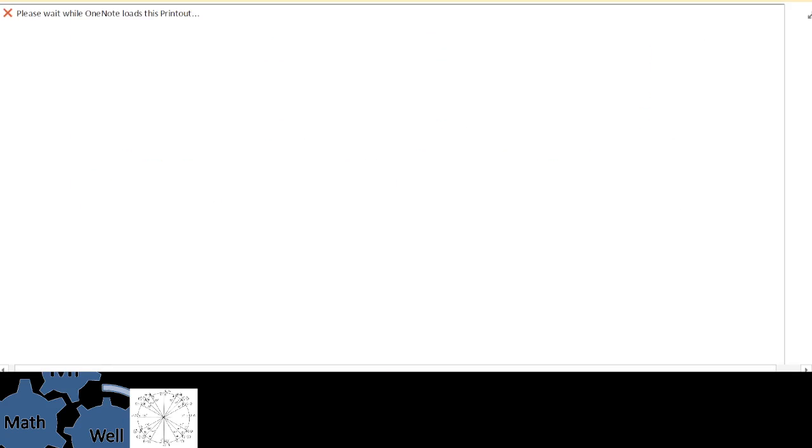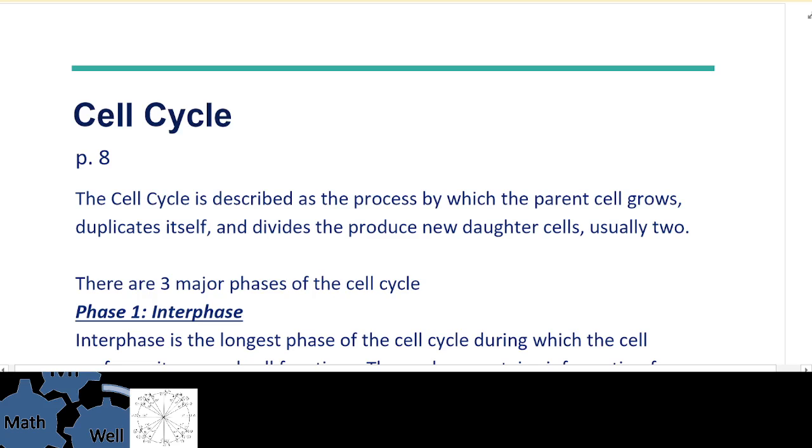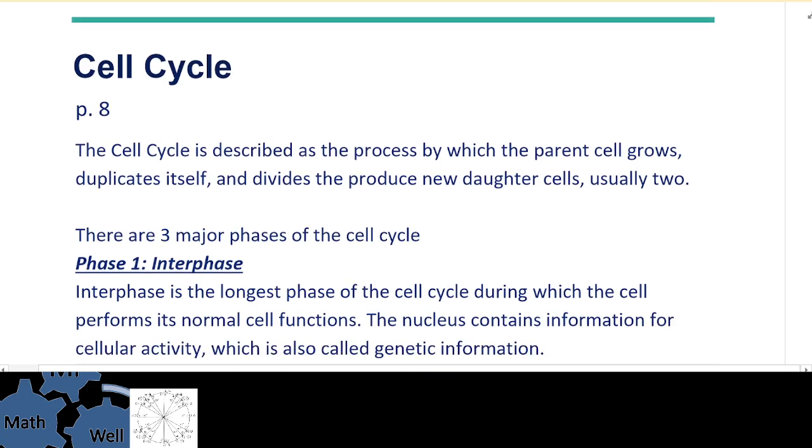Okay, so in page 3 of our notes, page 8 in the textbook, we're going to talk about the cell cycle. So as we saw in the video, cells divide and multiply to create organisms, okay? And so the cell cycle is described as the process by which the parent cell grows, duplicates itself, and divides to produce new daughter cells.